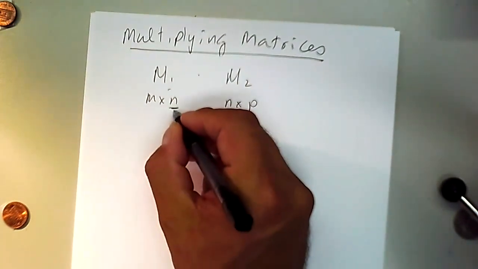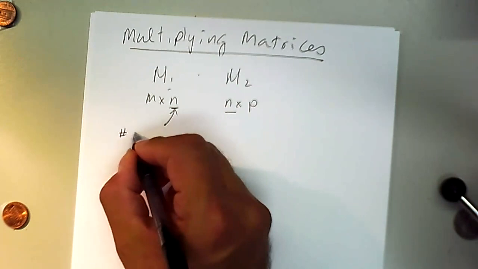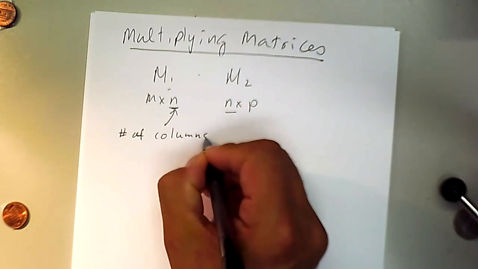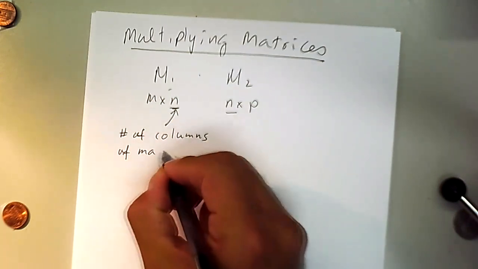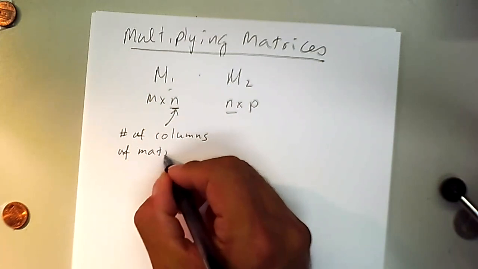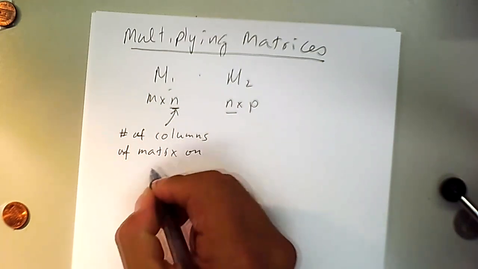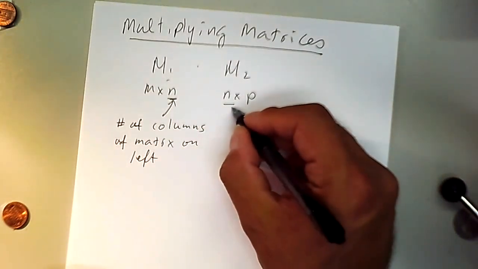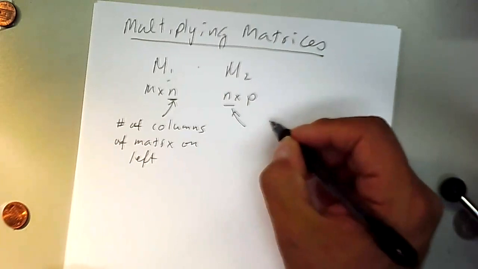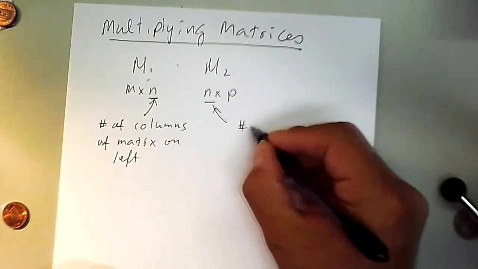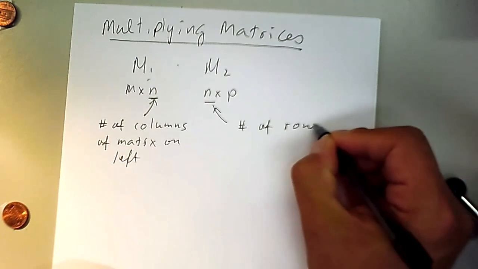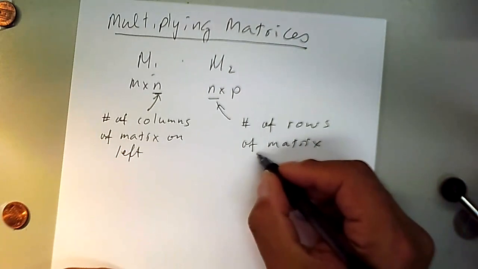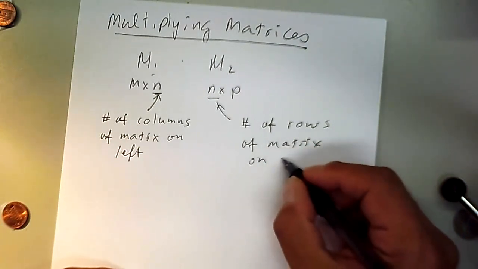So I'm going to write that down. So this is the number of columns of matrix on left of the multiplication. And that number has to be exactly the same, no more, no less, as the number of rows of matrix on right.